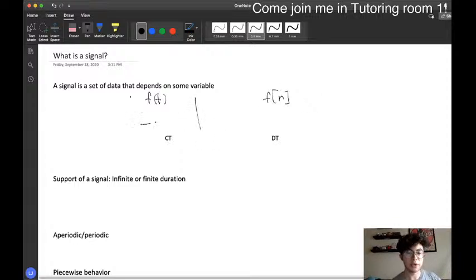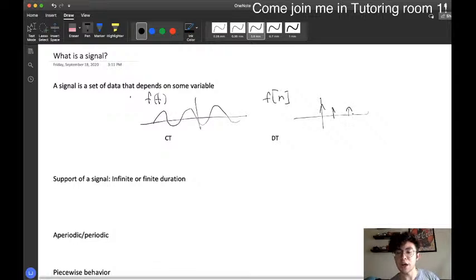So if we were to plot just some continuous time signal, it could be like a sinusoid, something smooth, essentially. It exists in a continuum. Whereas if we have a discrete time signal, it might look like a series of spikes. We could draw it like that. So this is just a series of delta functions.